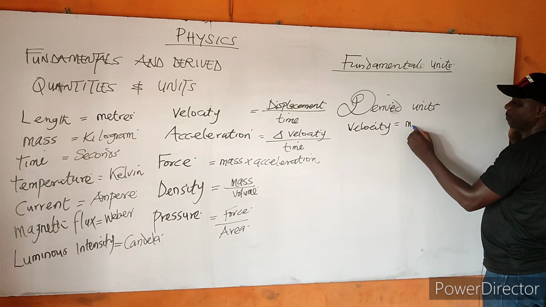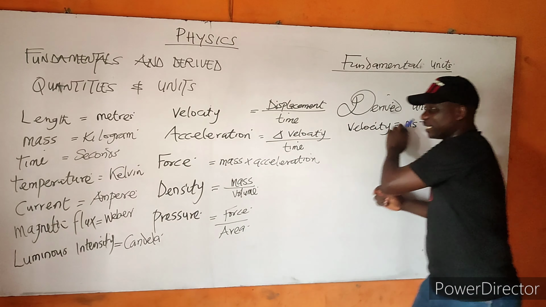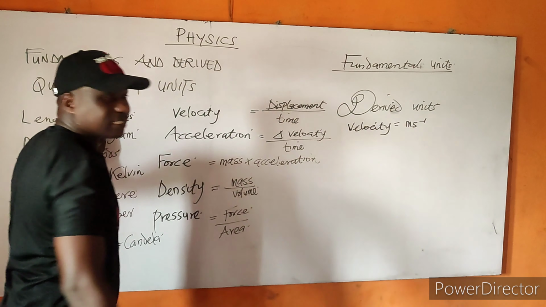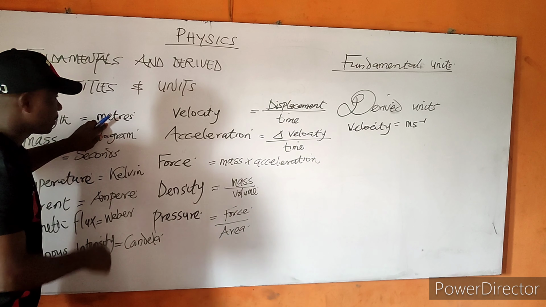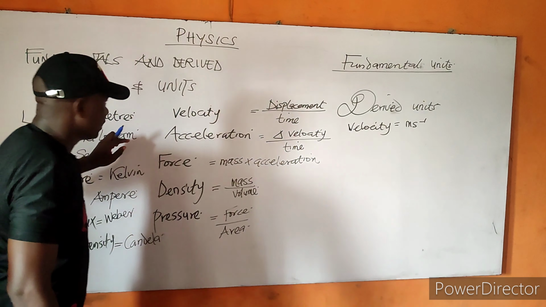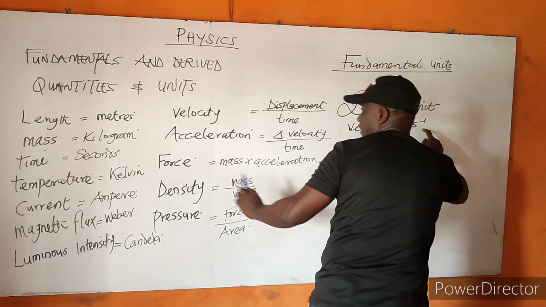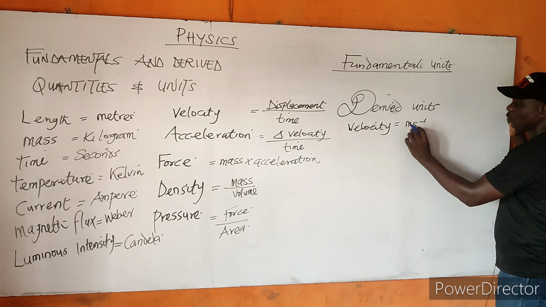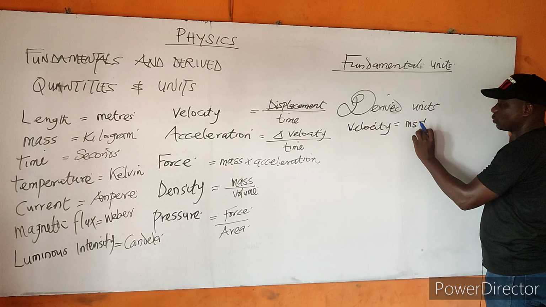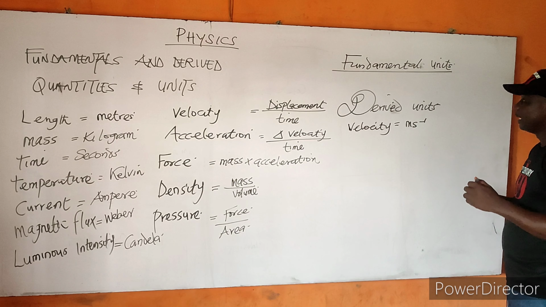Mark you, M, as we said, for length. That is our displacement here. Both length and displacement are measured in meters. And second, we have time. So it means velocity has to do with displacement as well as the time.